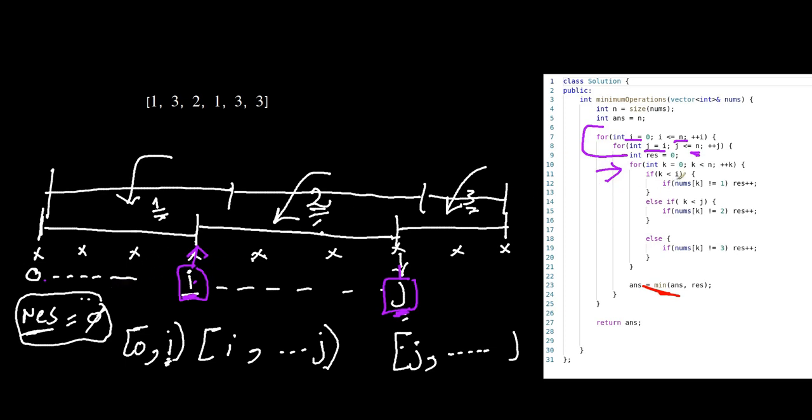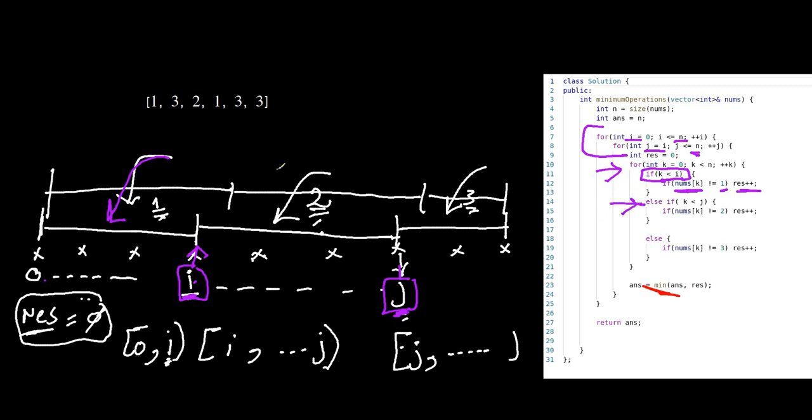So if the index k is less than i, that means this element exists in the first part of the array, and we need to check if nums of k does not equal 1, because if it's not equal to 1, we need to increase the counter, we need to change it to 1.